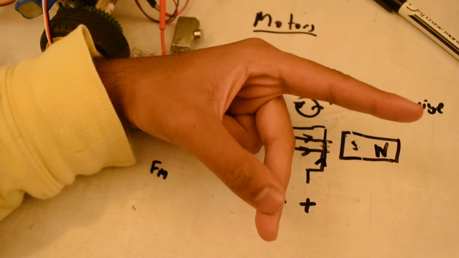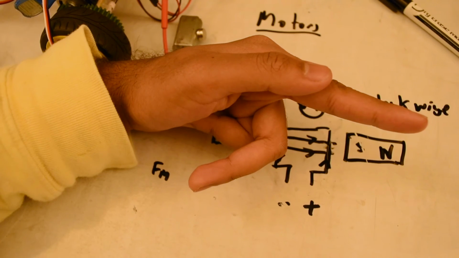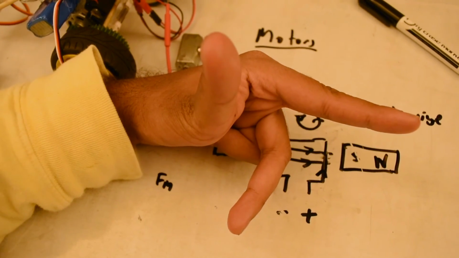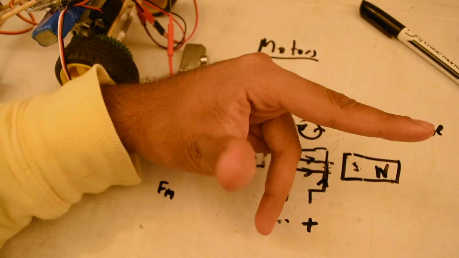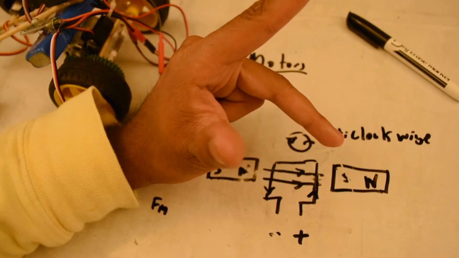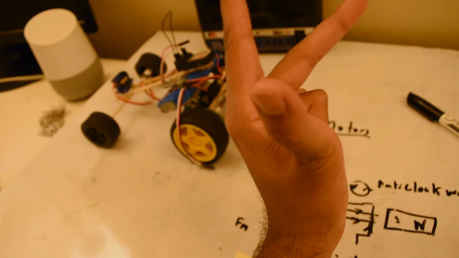Your middle finger would be the current, your index finger is the magnetic field, and your thumb is your force. Meaning that if the force is going in a circular fashion, your electric field will be moving in a counterclockwise fashion along with your magnetic field.